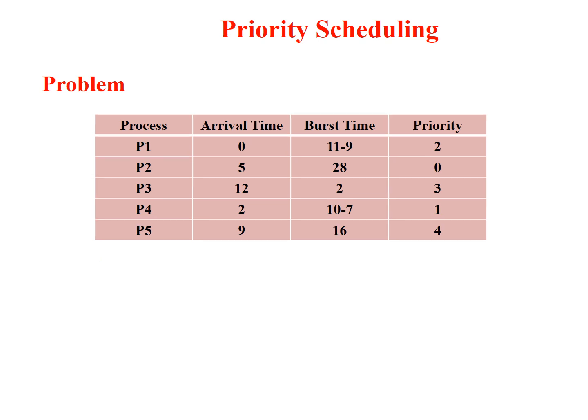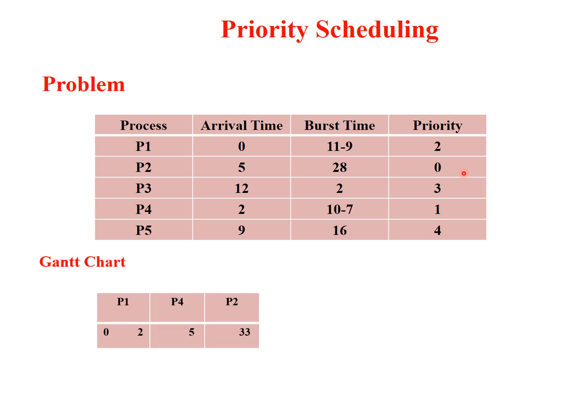Now process P2, which arrived at time 5, has priority 0. Comparing it with the other processes, P3, which arrived at time 12, and P5, which arrived at time 9, the priority of P2 is higher.